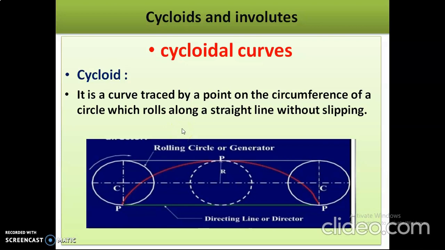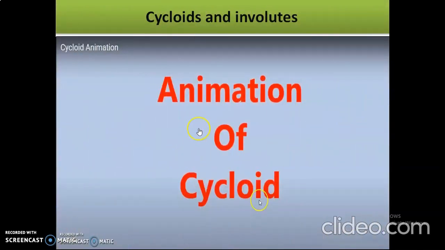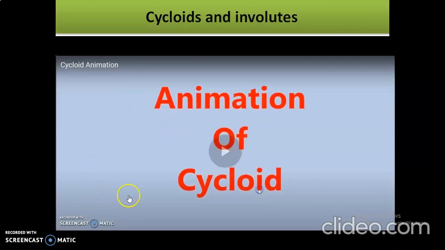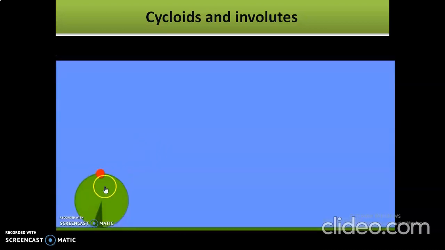Next we will see an animation of the general cycloid, showing how the curve forms. This is an animation video, so all of you observe carefully. Here we are taking a circular body, and on that circular body we take one point P. The circular body is moving towards the right side.